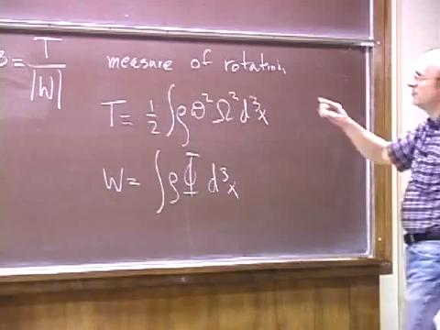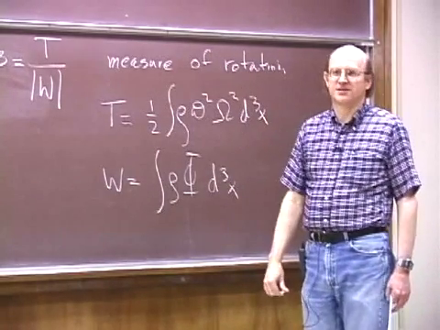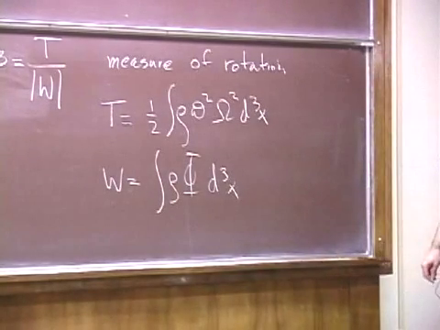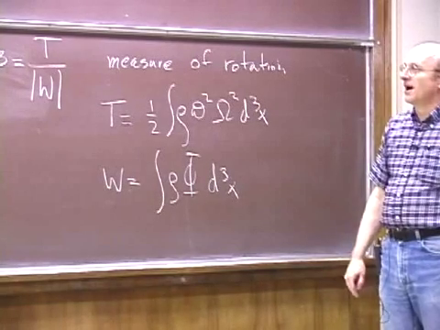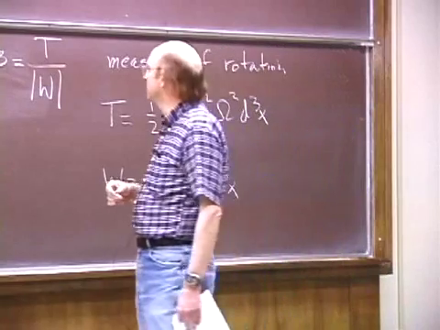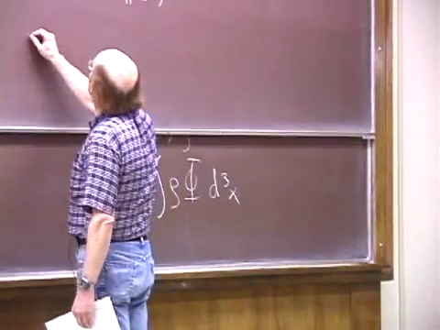So people use this beta as a way of measuring angular velocity for historical reasons that I don't totally understand, but it's useful to keep in mind what the values of beta are that correspond to these instabilities in the Maclaurin spheroid.